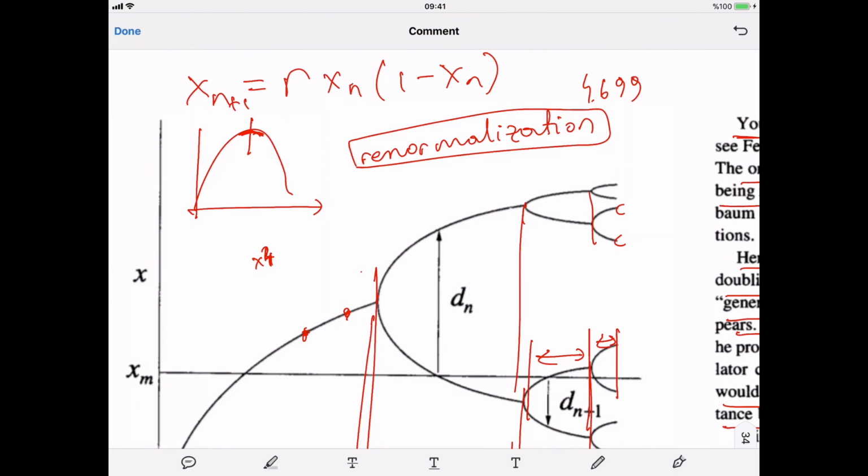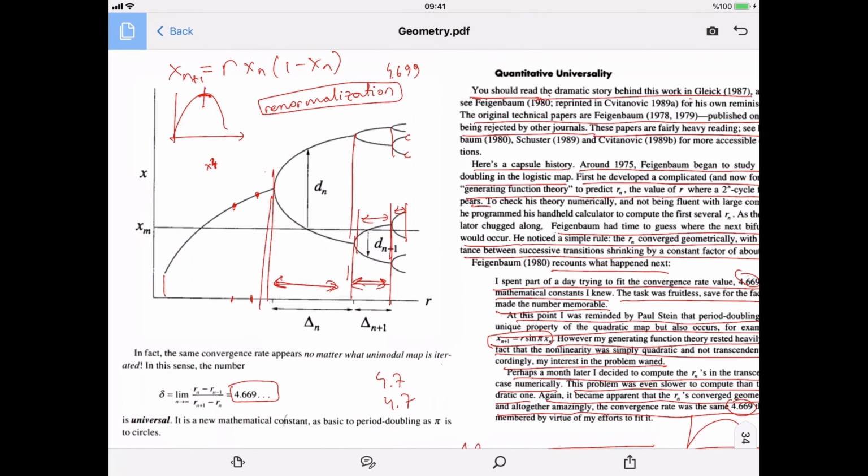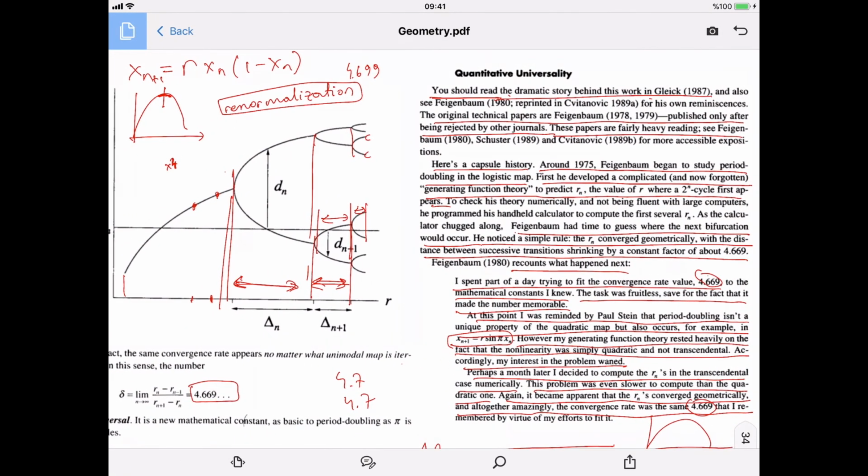Yes. But if you compare them between themselves, do we still get a constant? Yes, that's also an important question. You do get a constant, I guess. Not sure, but that's a very good question. But it's not 4.669.